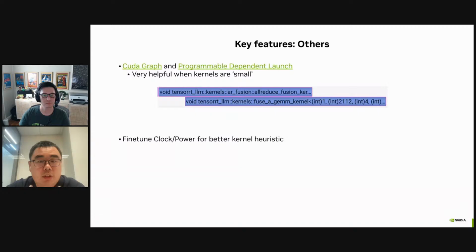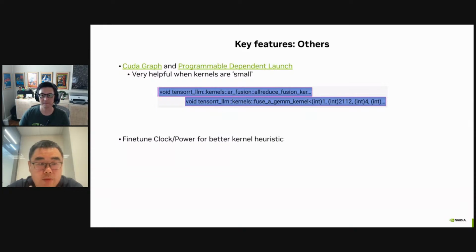I think the next feature is CUDA graph and the programmable dependent launch. I will say it is very helpful when kernels are small, for example, for min-latency or low-latency scenarios. And it's a necessary feature.